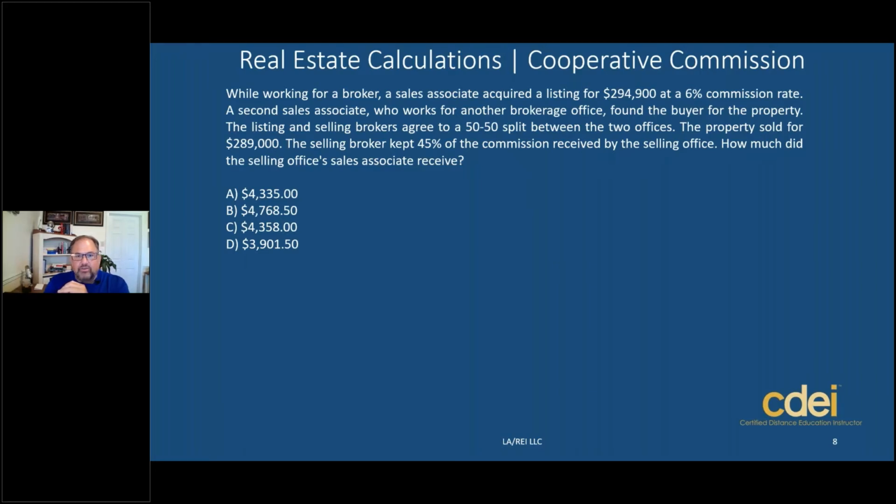A second sales associate who works for another brokerage office found the buyer for the property. The listing and the selling broker agree to split 50-50 between the two offices. The property sold for $289,000. The selling broker kept 45% of the commission received by the selling office. How much did the selling office's sales associate receive?